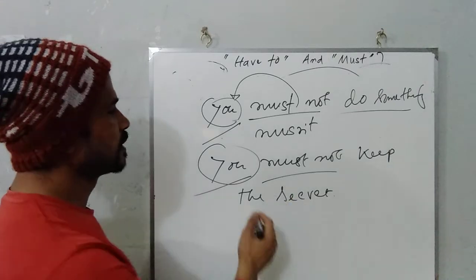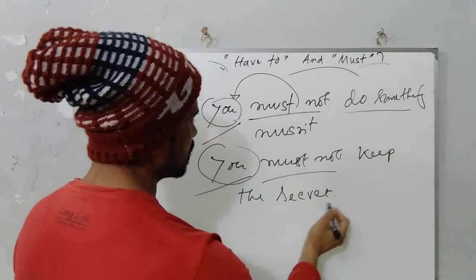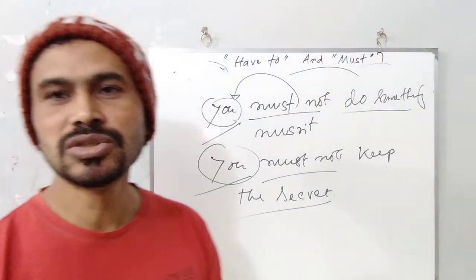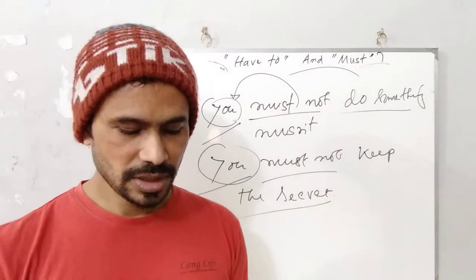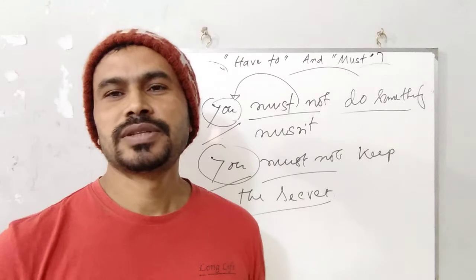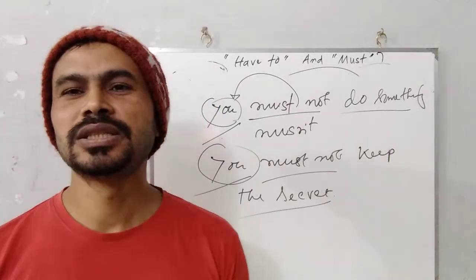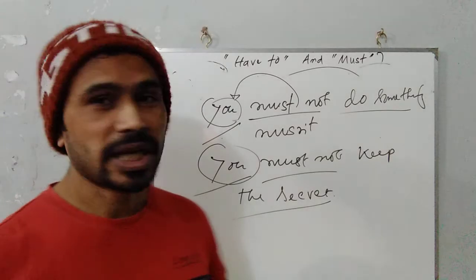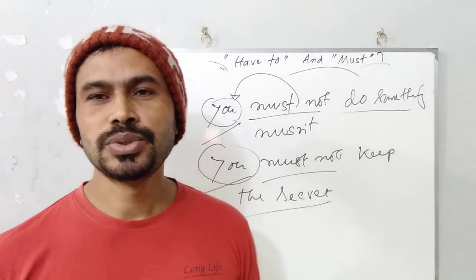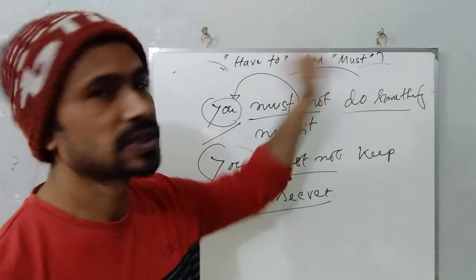So my friends, you can see you must not or you mustn't keep the secret. So you need not keep the secret. So my friends, you got the idea about must. And today what I have tried to discuss is all about have to and must.